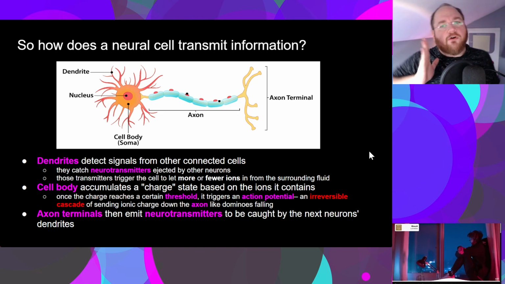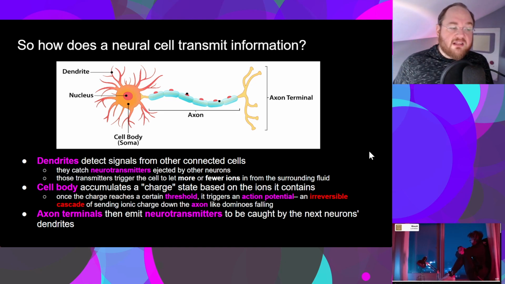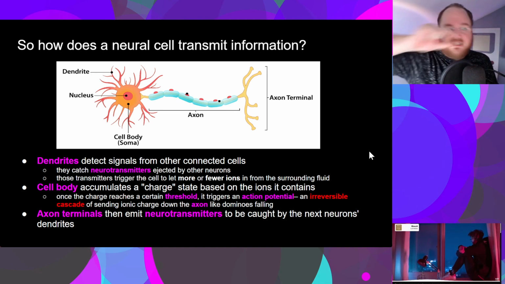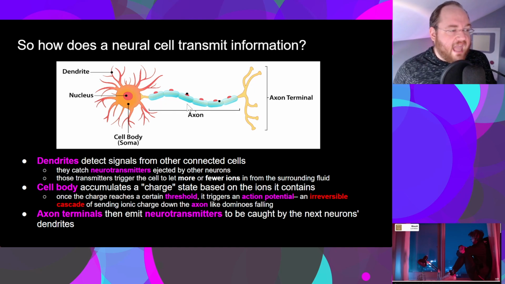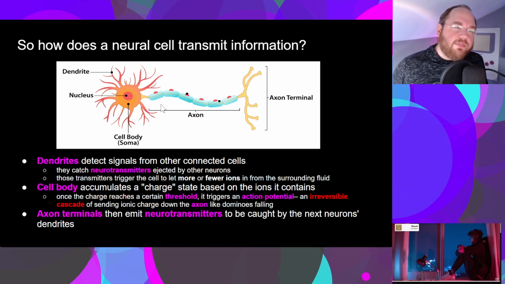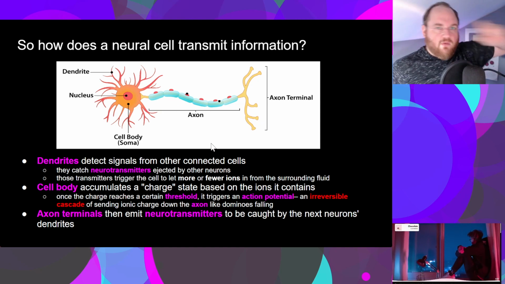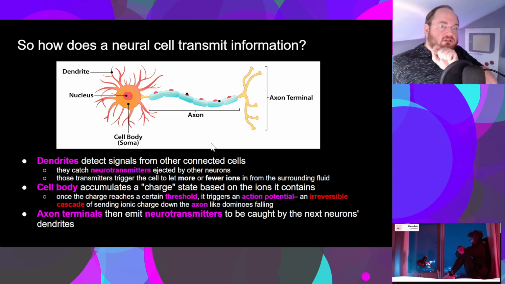Once the charge reaches a certain threshold, so it becomes charged enough, if it leans too far in one direction, what you trigger is called an action potential, where an irreversible cascade travels down the axon. And what does it mean, travels? Similar thing. More ions are let in all along the axon, just in a way that is forced.